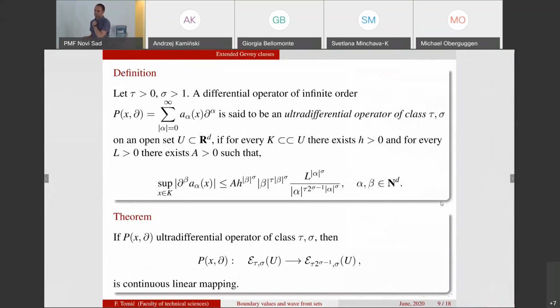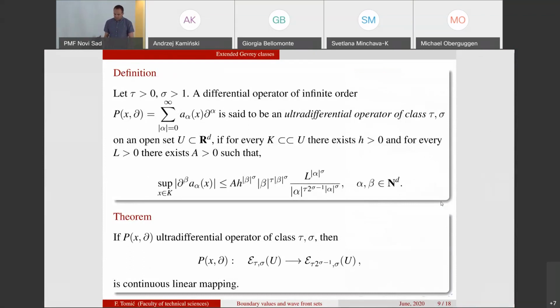But although M2 is not satisfied, we can define partial differential operators of infinite order and prove that our classes, well, they're not closed, but actually, if we take the union of our classes with respect to parameter tau, then it is closed.